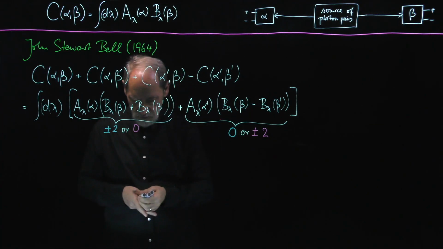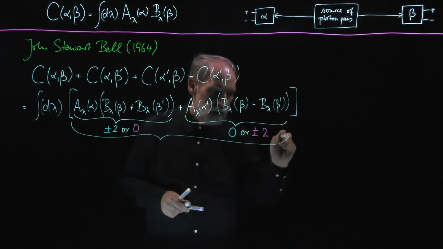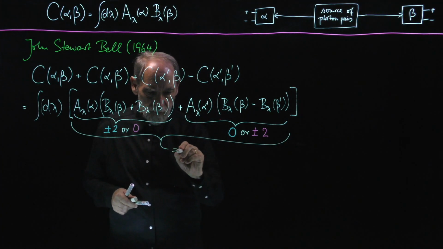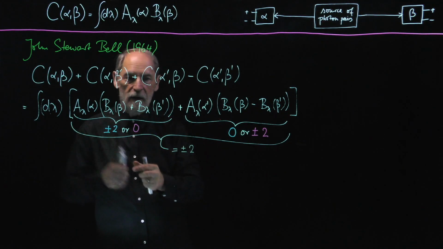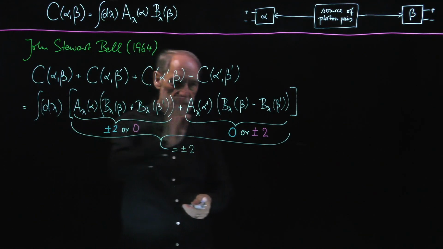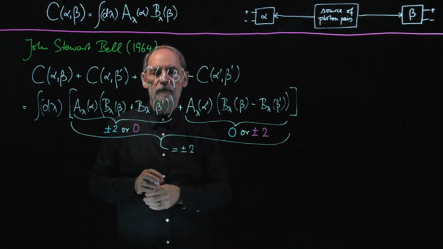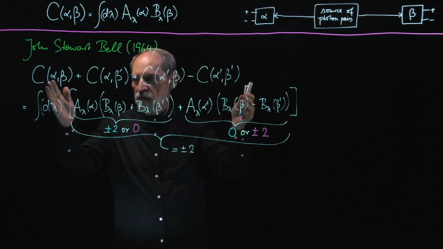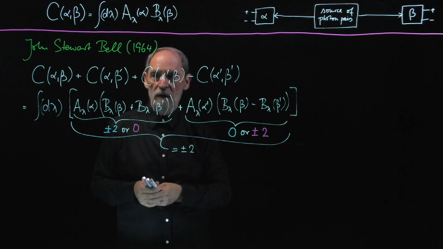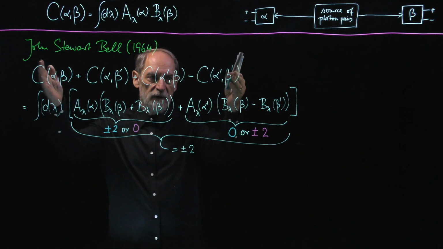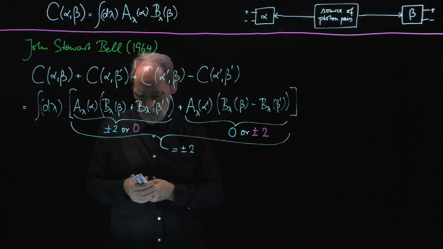Which is to say that this whole expression here is equal to plus 2 or minus 2 for each value of lambda. And what we then calculate here is an average of numbers. Every single number is between plus 2 and minus 2. So then, of course, also the average value will be between plus 2 and minus 2. It then follows that this combination that we are looking at cannot exceed 2 in magnitude.